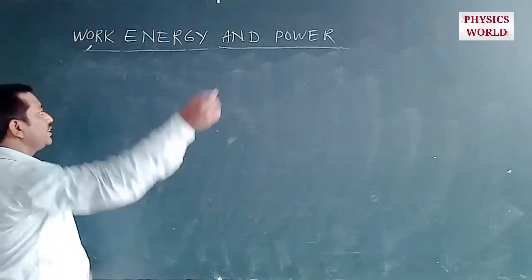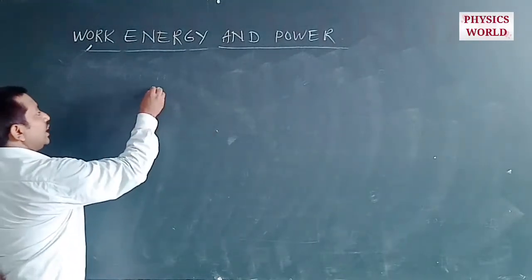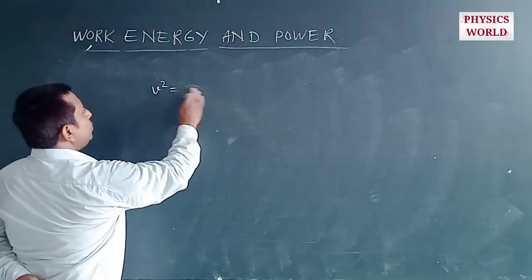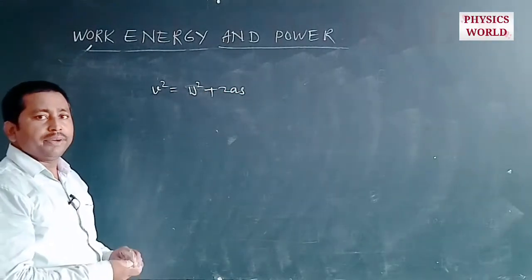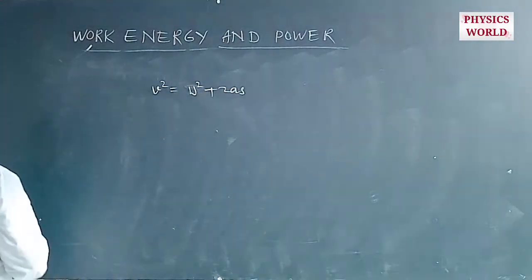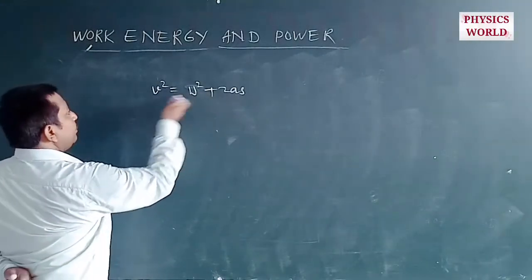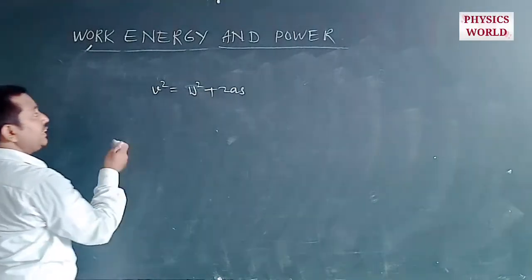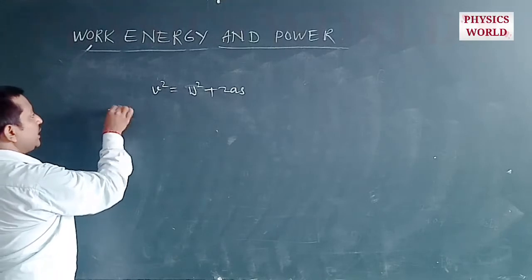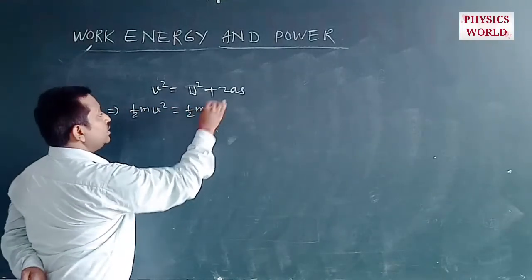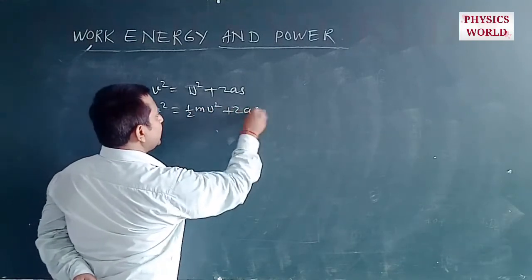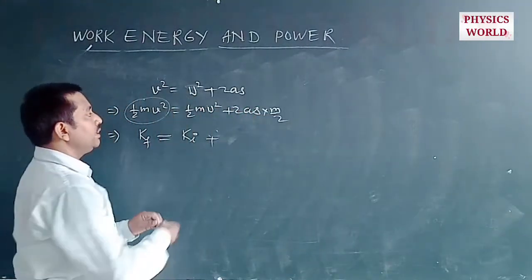It can be easily understood with the help of a basic concept like this. According to the third equation, v squared is equal to u squared plus 2as. If we multiply both sides by half m, we get half m v squared equal to half m u squared plus half m times 2as.